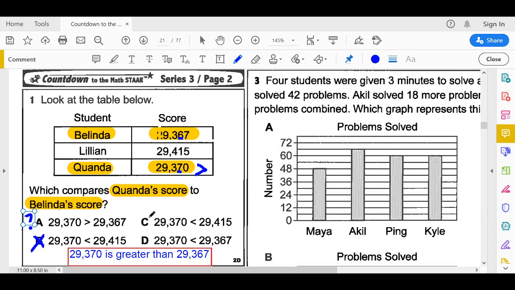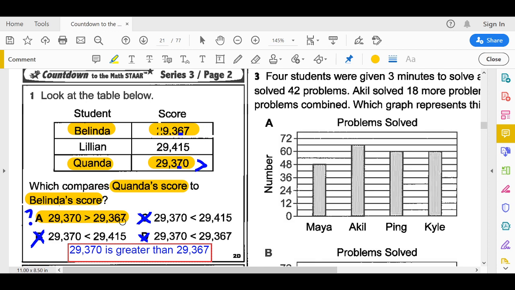The same happens on letter C. We have a number we don't need, so automatically I'm going to discard that option. And letter D is saying that 29,370 is less than 29,367. We know it is not true because it's actually greater than, so it's not correct. And we have found the first answer. So it should be letter A.